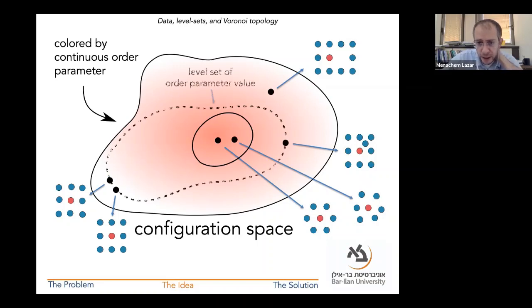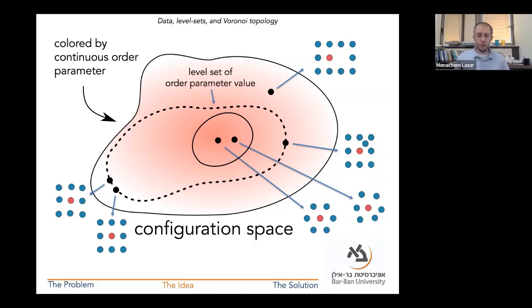Something like that. But what ends up happening, and again, this is all schematic, but it's to explain some of the problems we had before. Imagine that instead of looking only at that one area that's close to the middle, we look at some arbitrary level set of the order parameter value. So maybe we pick 0.5.